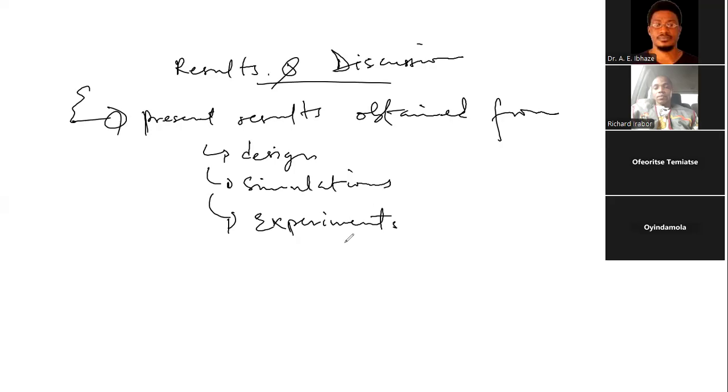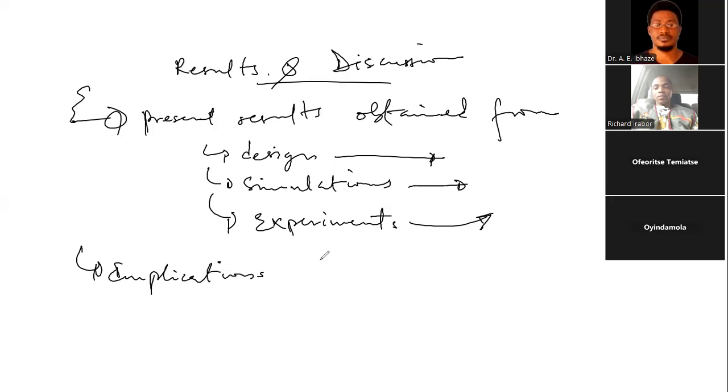Now you want to present the results obtained from the design, from the simulation if it's computational research, or from the experiment. So here we want to discuss the implications of the findings. Okay, so we want to take note of that, implications of the findings.